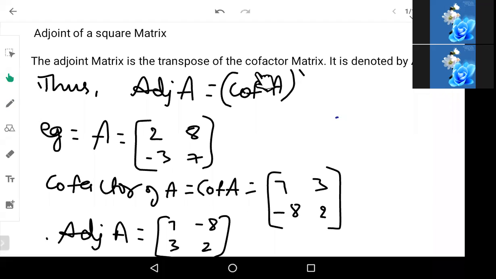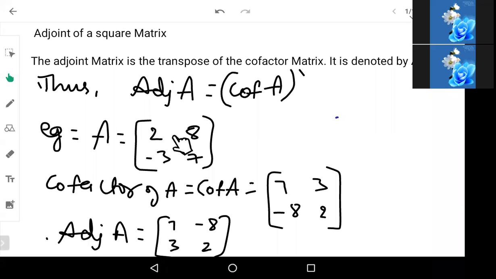After finding the cofactor matrix, if you find the transpose, that will become the adjoint matrix. This adjoint is denoted by adjoint A. Yes, correct, Lakshmi, interchanging rows and columns.